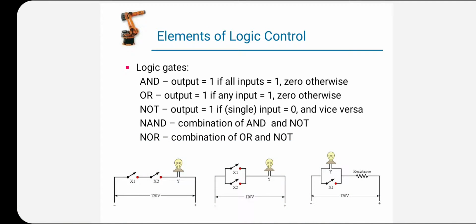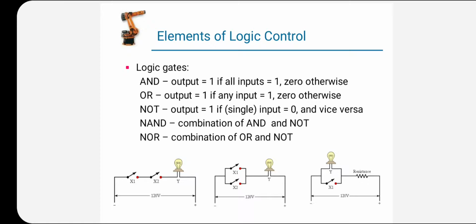And the middle circuit is a parallel one. X1 and X2 are shown in parallel. Either X1 is on or X2 is on, the light is on. Means if input X1 is 1, output is 1, or if X2 is 1, output is 1. It is an OR gate.